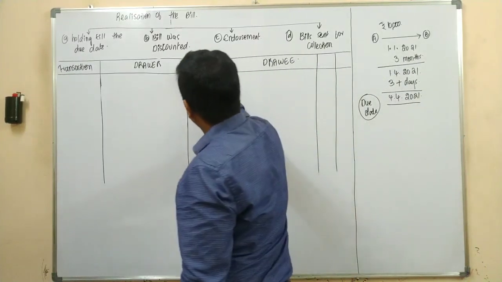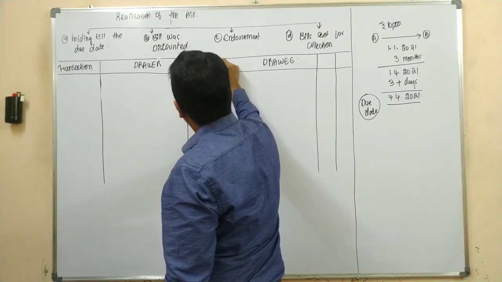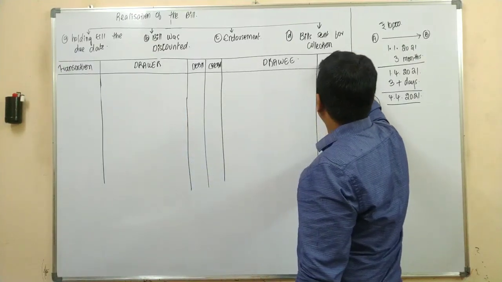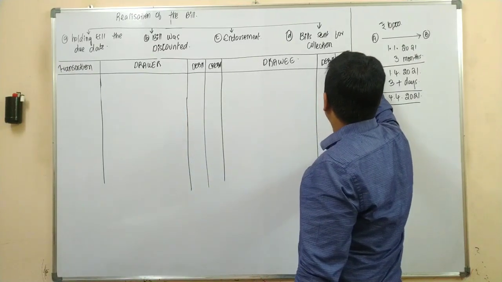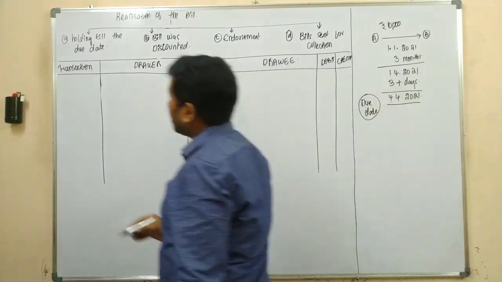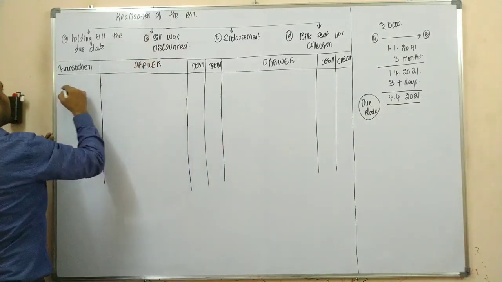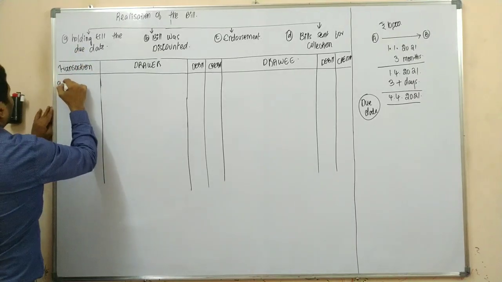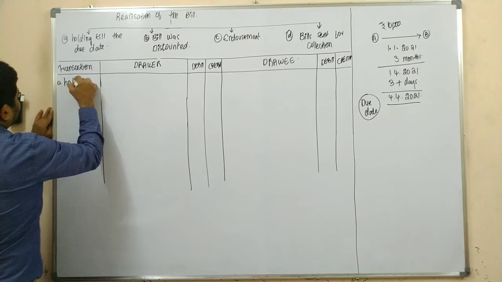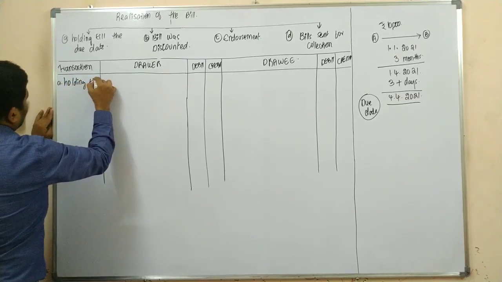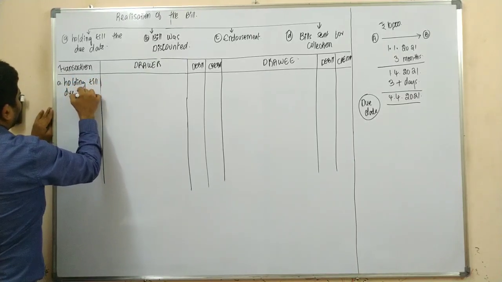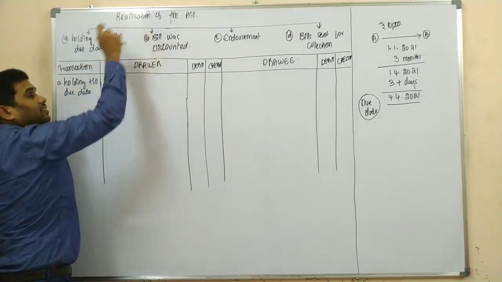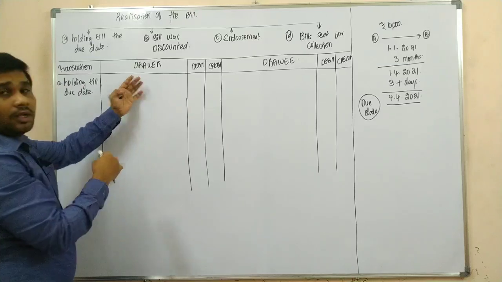The journal entry would be, what is the journal entry? We are supposed to record the journal entries in the books of drawer and drawee. So your first option would be holding till the due date and the amount was realized. That means Mr. Drawer received the amount.